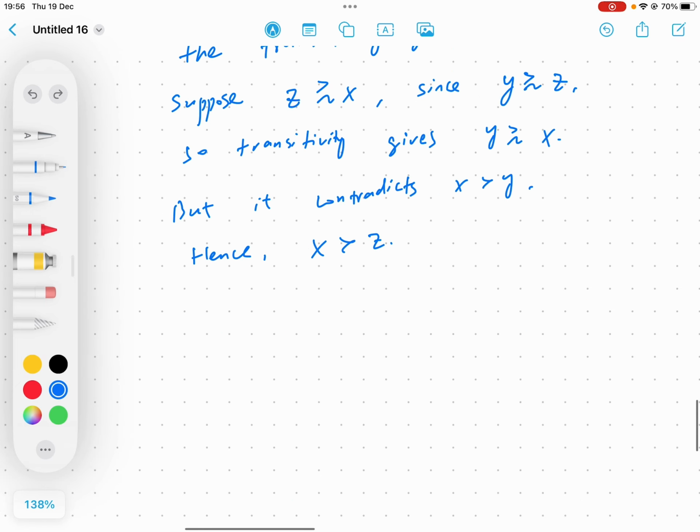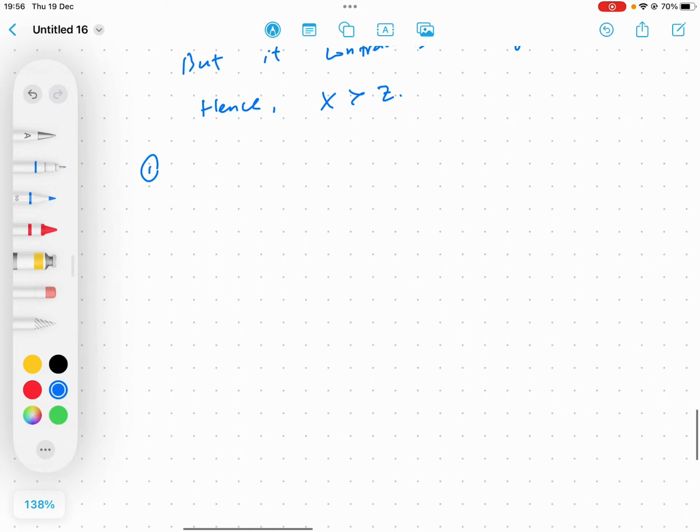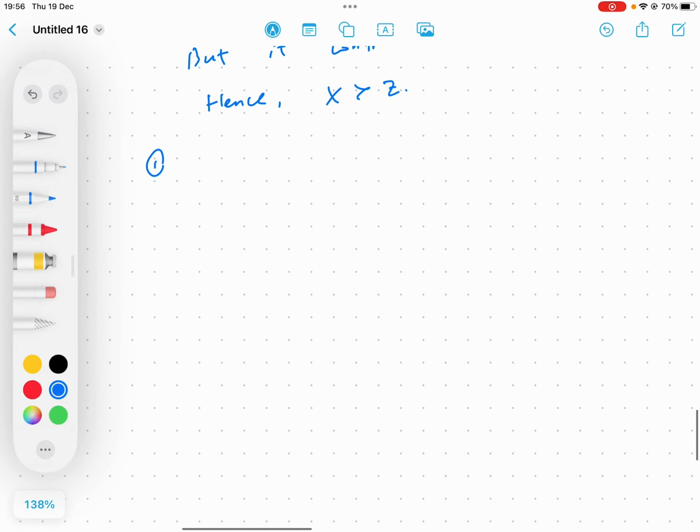Okay. So now let's move on and go back to the first one. In the first one, we'll try to prove that the strict preference is irreflexive and transitive.